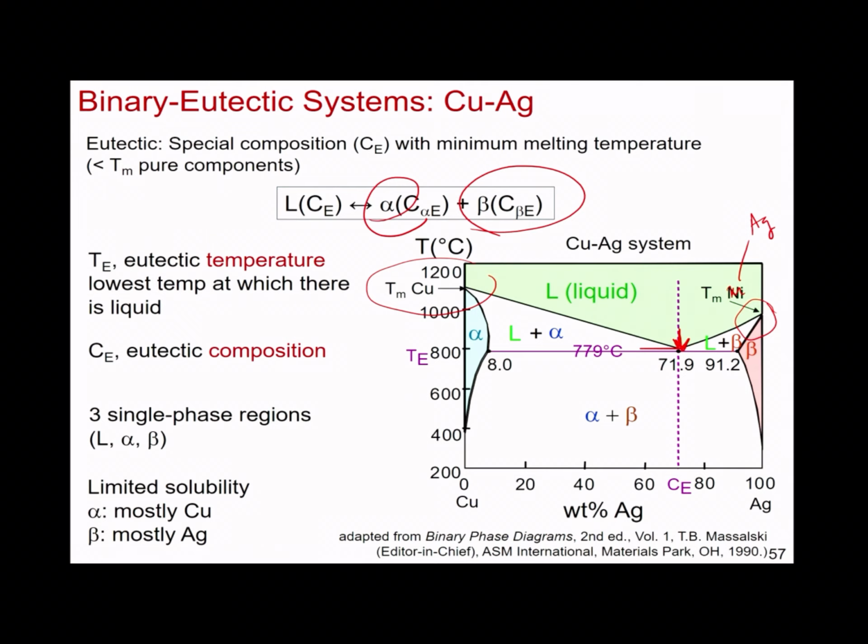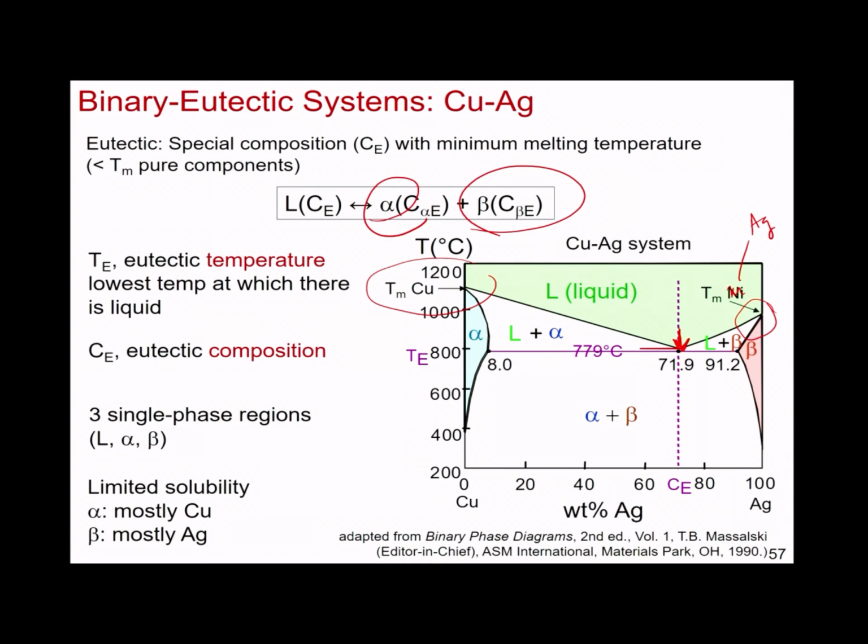But at this particular composition of 71.9 weight percent silver in this alloy, you see a depression in the phase transformation temperature. Instead of 1,200 or 900, the transition temperature is actually 779. So you depress the melting point, so it's now at a more usable temperature, slightly.